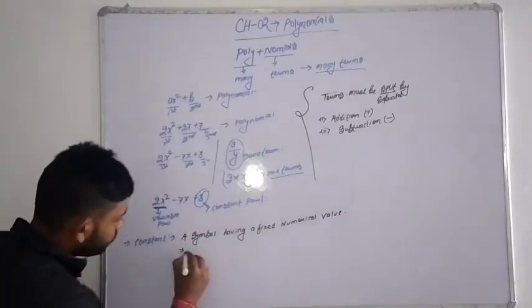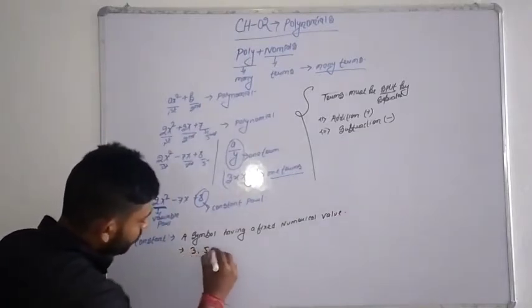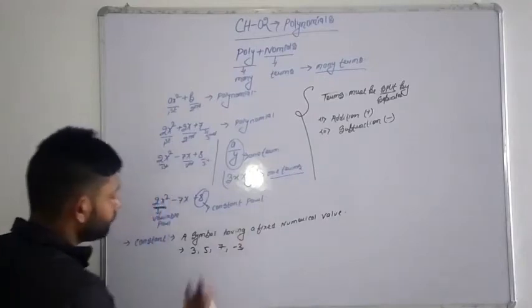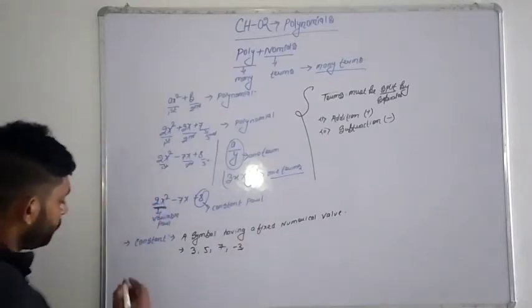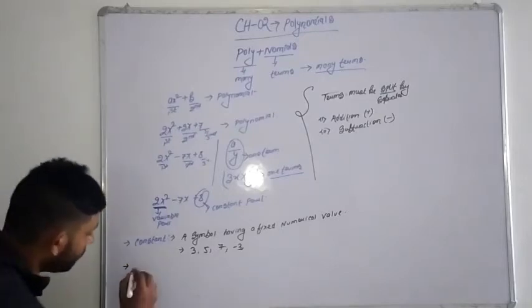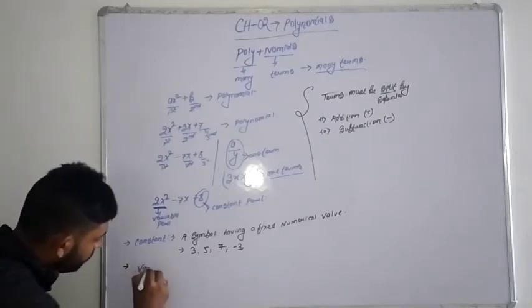For example, 3, 5, 7, minus 3. Now the second term, variable.